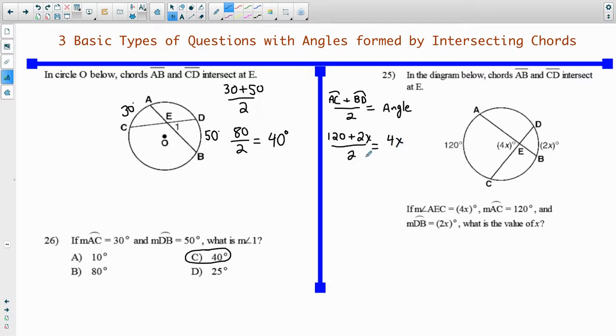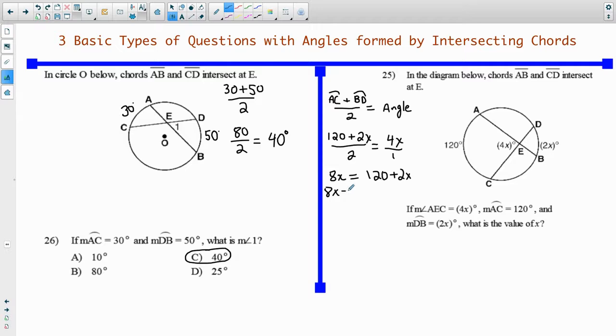Well, now I have a fractional equation, and I'm going to use my algebra to solve for x. I'm going to put the 4x over 1, and I'm just going to cross multiply. 4x times 2 is 8x, and that's going to be equal to 120 plus 2x times 1, which is 120 plus 2x.